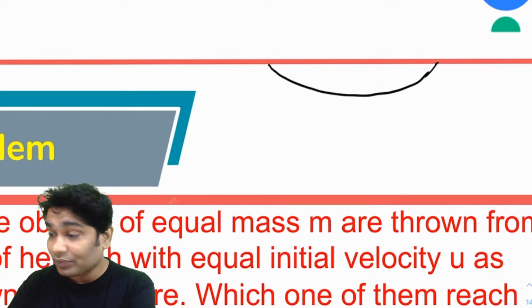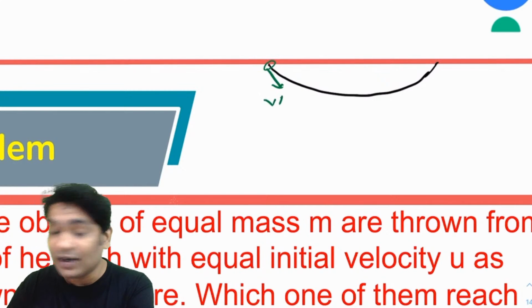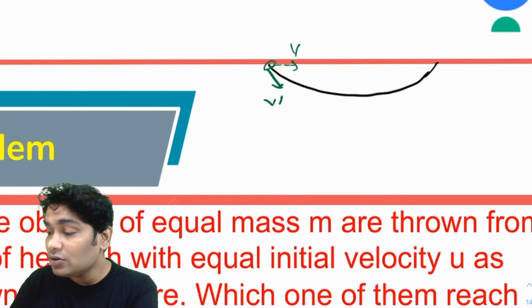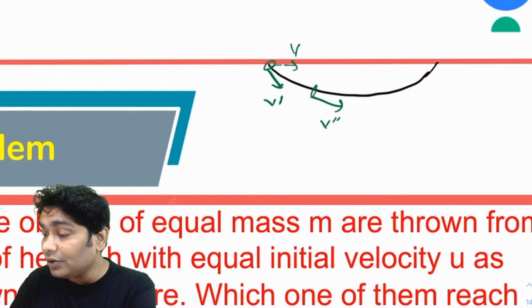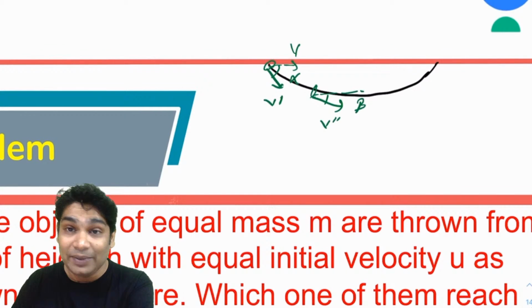Alright, so Alicia, take a look. Here the speed is V dash, and the horizontal component is V. Consider when it is here, the speed, let's say, is V double dash. Initially it made an angle alpha, and finally here it is making an angle beta.